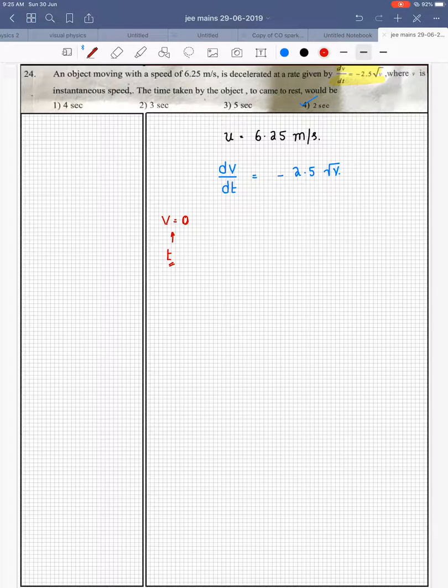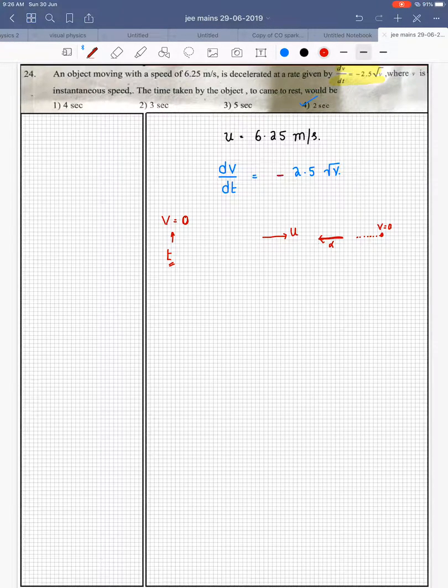Because there is a deceleration, and initially there is a positive initial velocity, obviously your speed will decrease, and at some point of time you have to come to rest.